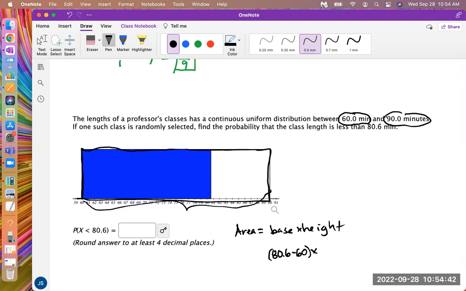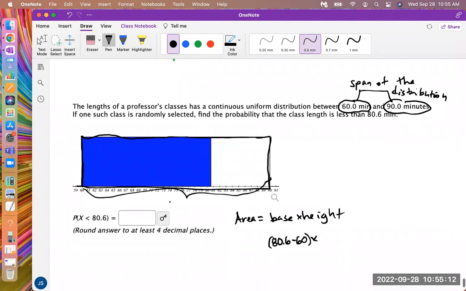This is a span from 60 to 90 of the entire uniform distribution. So that's the base of the large rectangle. To find that, you do 90 minus 60, and that gives us 30.